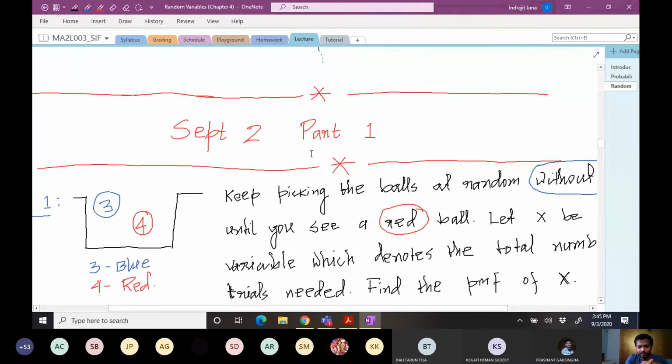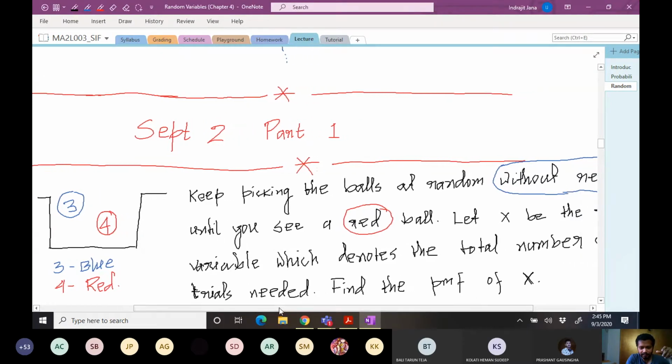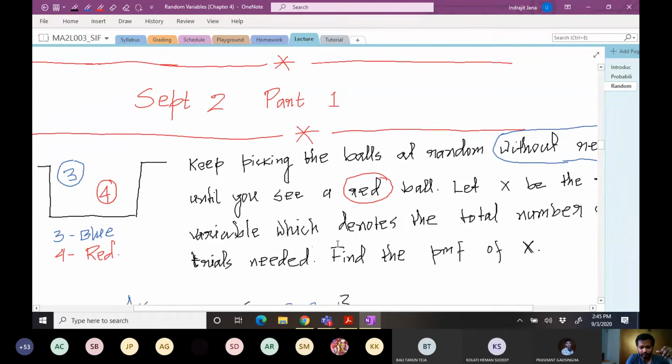You keep picking the balls at random without replacement until you get a red ball. Think of this as looking down the ranking until you see a girl's name. Let X be the variable which denotes the total number of trials you needed, which in this case would be the rank of the girl.